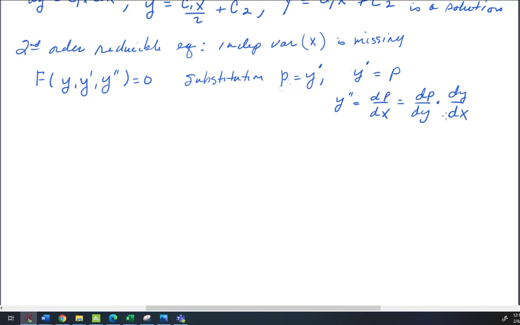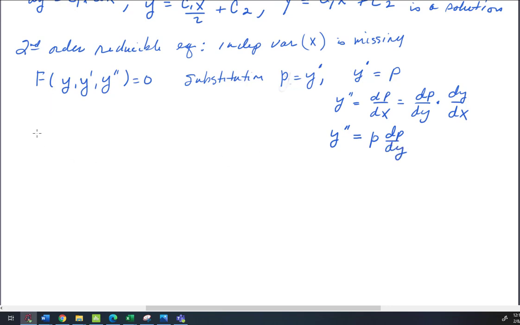The chain rule is one of the most useful rules that we have. And here I've got a dy dx, and dy dx is y prime, which is p. So then I would just rewrite y prime is equal to dy dx is p, and y double prime is p dp dy.